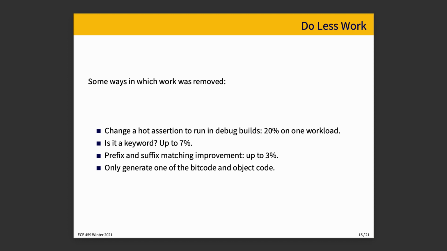PR number 70837, there's a function find library crate, which does exactly what the name would suggest. It finds a library crate. And it did a lot of repetitive prefix and suffix matching on file names stored as path buffers, and the matching was slow because there was a lot of reparsing of paths, because the path buffer isn't really designed for that kind of thing.